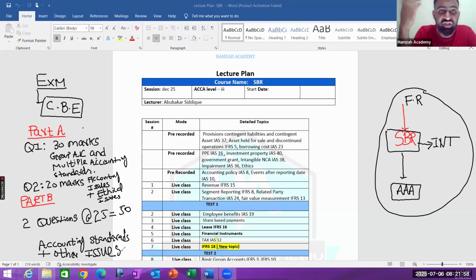We have a topic of conceptual framework. We have a topic of accounting standard for small and medium enterprises. So such issues along with accounting standards would be tested in Part B, question number 3 and question number 4. So that's how the total 100 marks paper will be made of SBR, in which obviously the first target would be to get 50 marks to pass the exam, and then obviously we will work hard to achieve the maximum marks as possible.